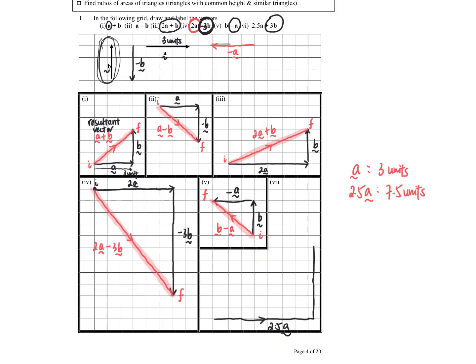I end up being here. 3B, so 9 units upwards. So my final resultant vector is this one. So 2.5A plus 3B. That's all. Nine units up. 3, 6, 9. Yeah, correct. 9 boxes upward.